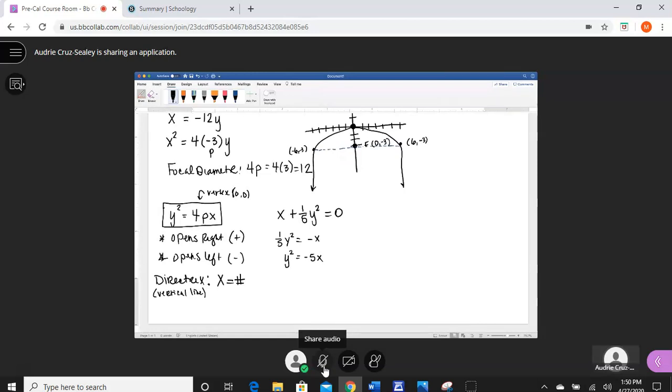And then I want it to look like this. This is my standard form. So I'm going to come over here and I'm going to have y squared equals 4 times p times x. So what is p? 4 times what gives you -5? What's p?